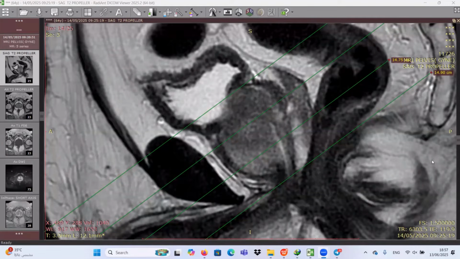In the sagittal plane, we divide the prostate into three main parts. This is the basal level of the prostate, this is the mid level, and this is the apical level of the prostate.